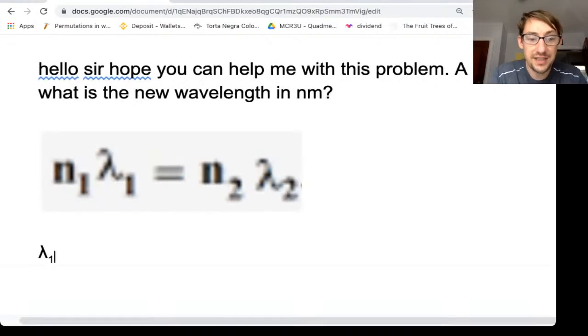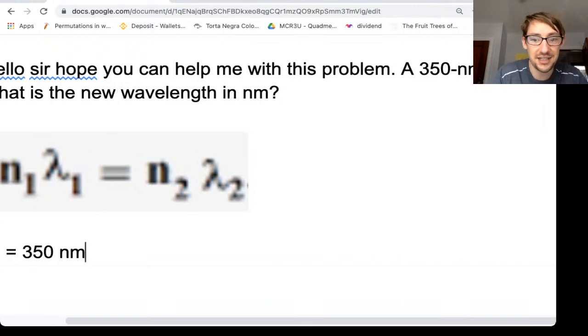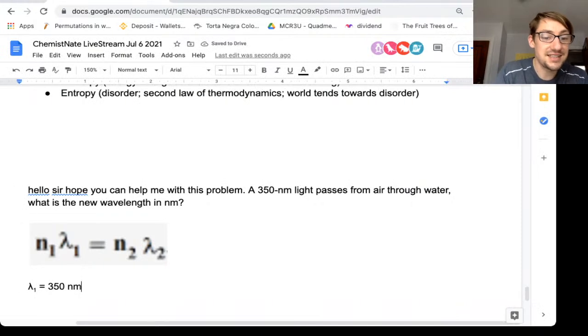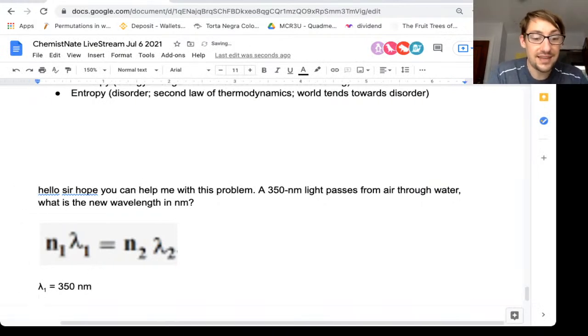We're being told that the initial wavelength is 350 nanometers. Because it's going from air, N1, the initial refractive index, is about 1. You might have 1.000 whatever.